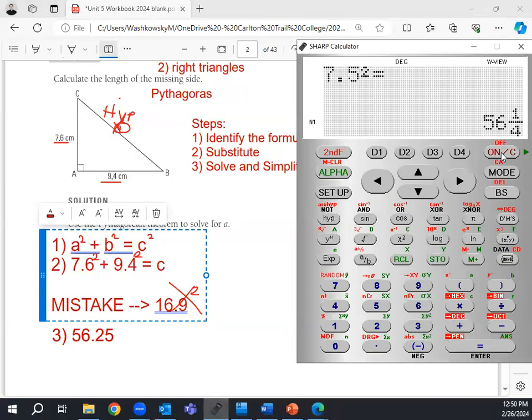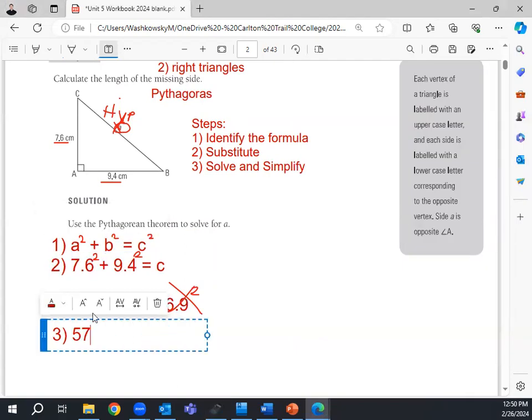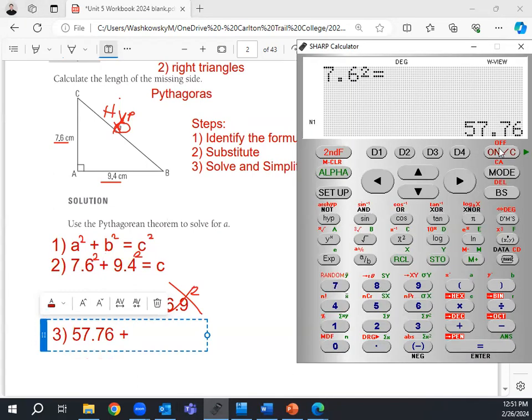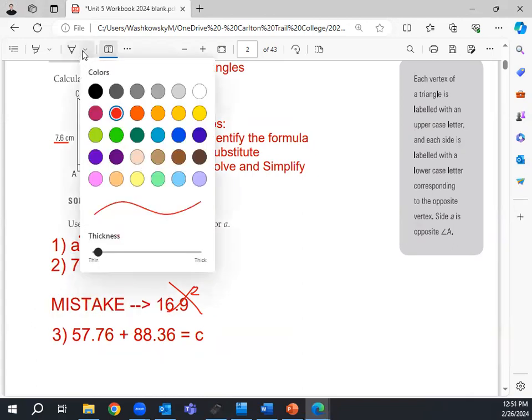Everyone makes those little mistakes, right? 7.6 squared, not 7.5, is 57.76, plus whatever 9.4 squared is, which is 88.36. Sorry, this is equal to C squared.